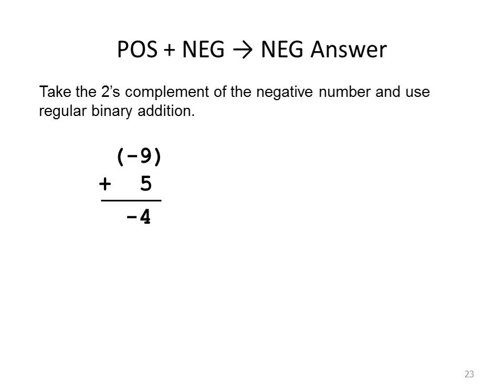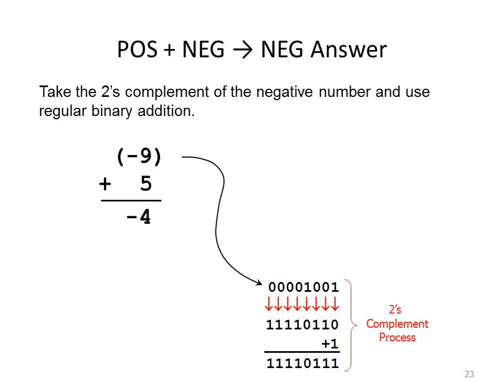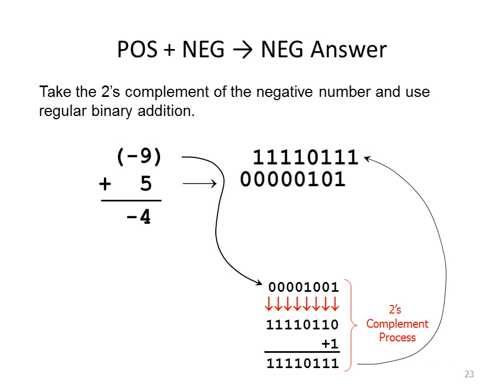Now positive plus negative, you get a negative answer, since minus 9 plus 5 is minus 4. How is it performed? At first the minus 5 is complemented, and the 2's complement is found, that is the 2's complement. 5's 2's complement is as it is.